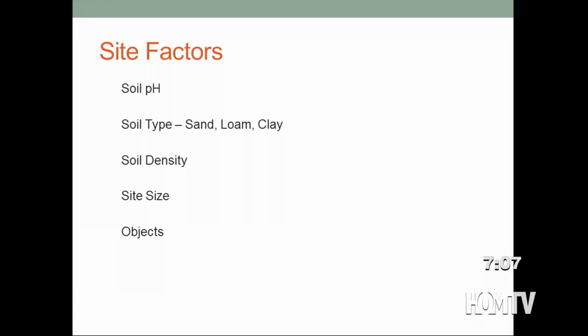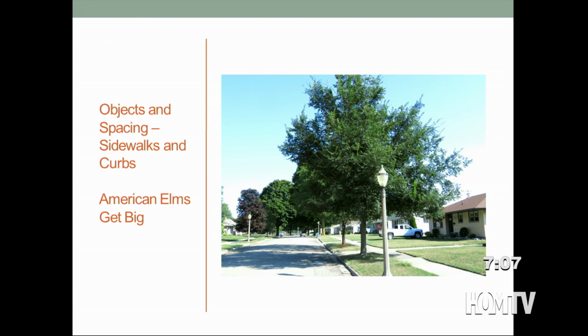Most of what I dealt with as a municipal arborist was objects. Now this is an American elm. It's one of the brand new ones. It's growing like a weed, sometimes 2-3 feet a year. This thing has really surprised us. And I'm afraid it's going to overgrow that site because that's only about 8 feet from curb to sidewalk there.